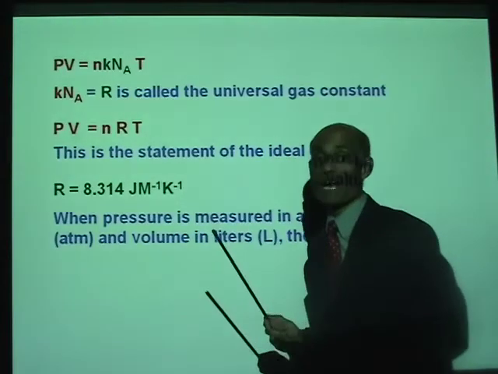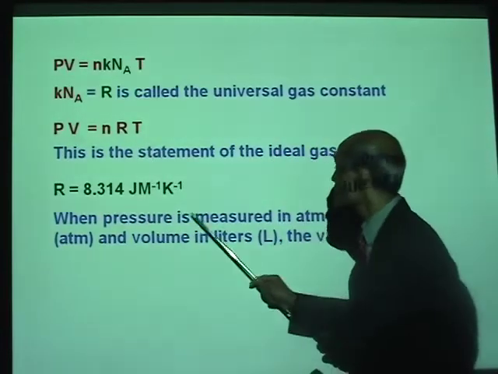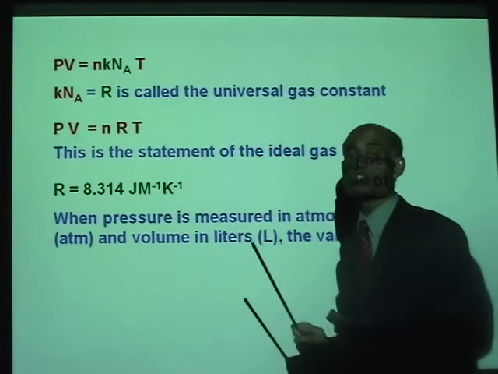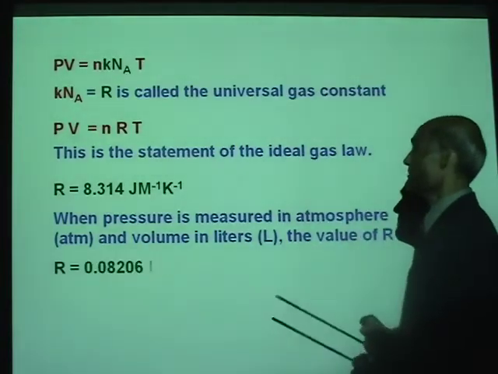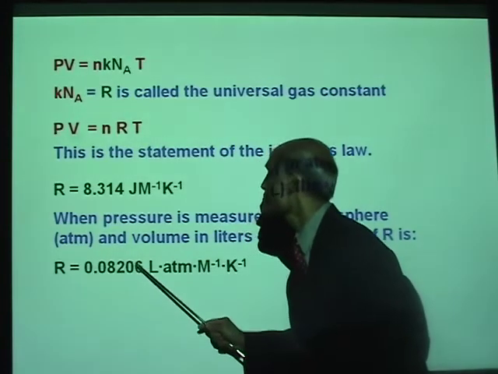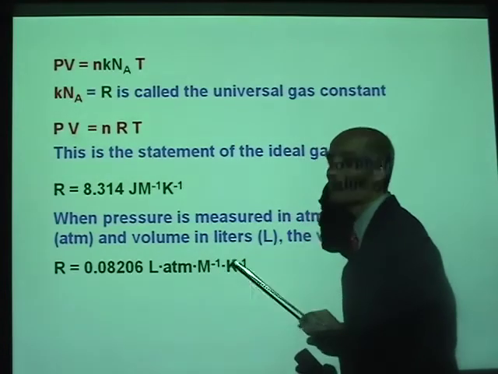Now we can also have another value for R if, when pressure is measured in atmosphere and volume is measured in liters, the value of R will be 0.08206 liter atmosphere per mole per Kelvin.